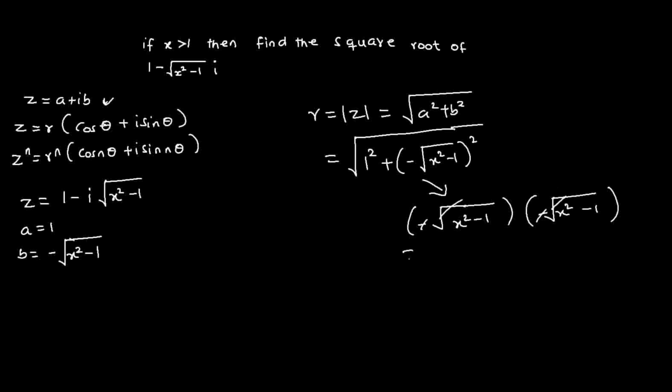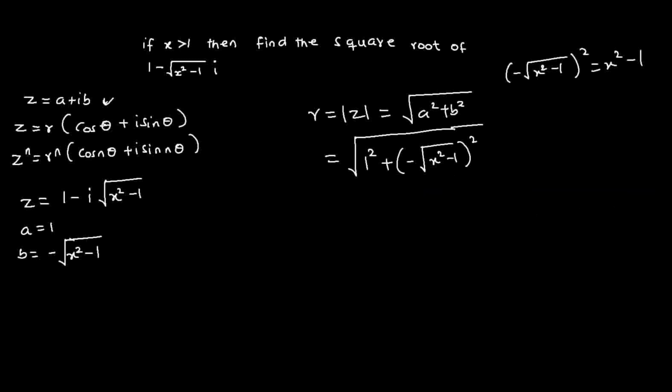So then you have x squared minus 1. So let's jot that down. You have minus the square root of x squared minus 1, to the power 2, equal to x squared minus 1.